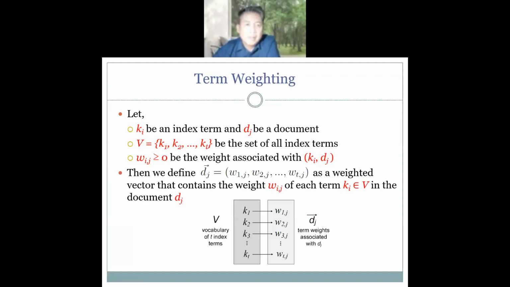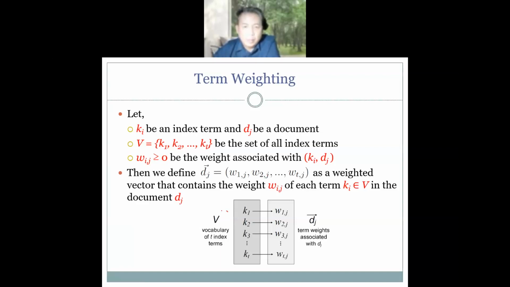The weightage must be 0 or greater, so you cannot have a negative value. 0 means the term does not occur in that particular document. Those greater than 0 have a degree of importance determined by the weightage.